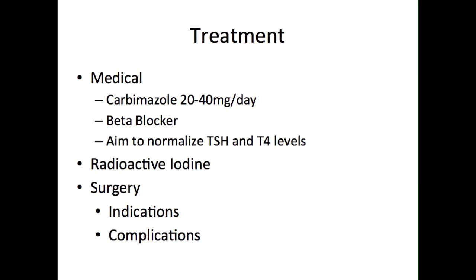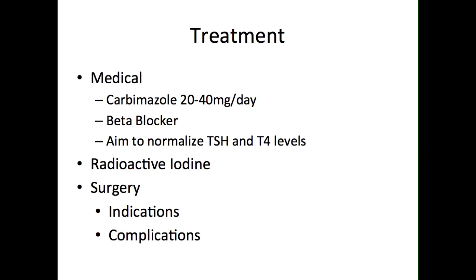Carbimazole is usually given at a full dose for approximately 4 to 6 weeks, at which point it is usually reduced over a period of 18 months to about 5 milligrams a day. Carbimazole is then stopped once the patient is euthyroid.